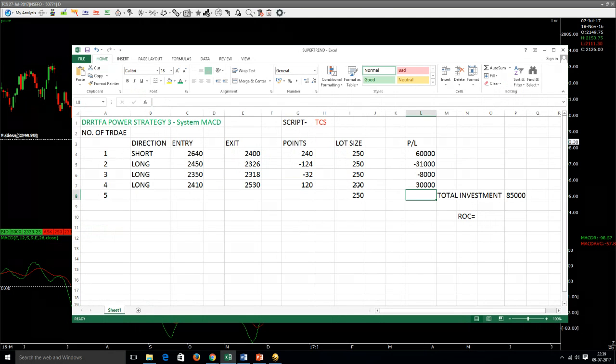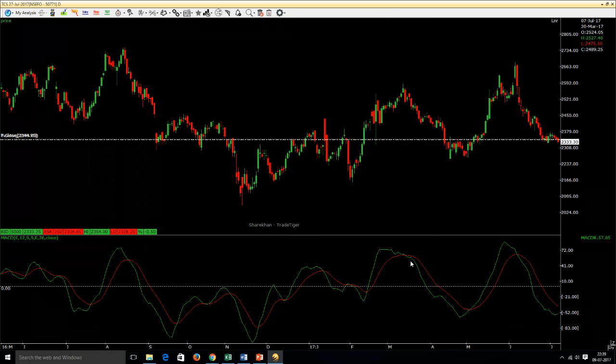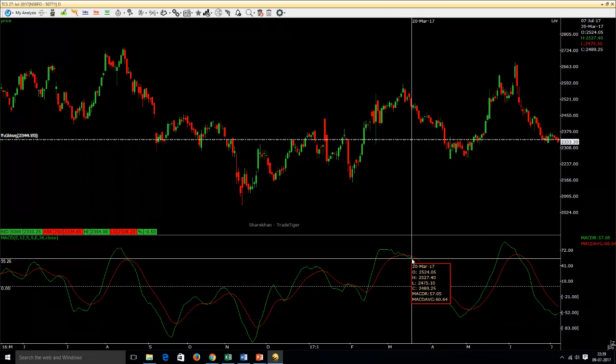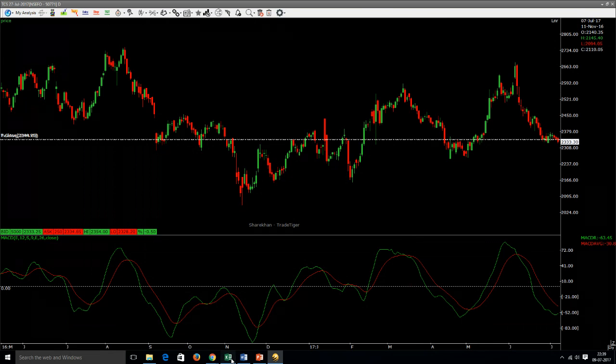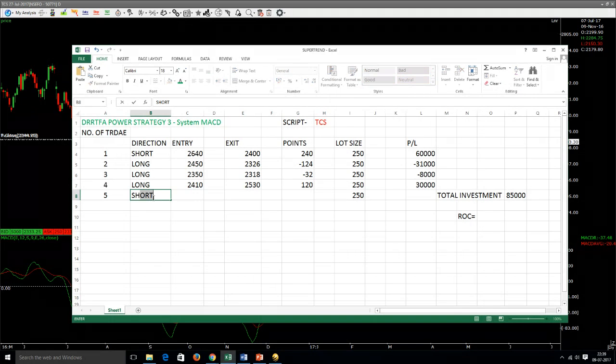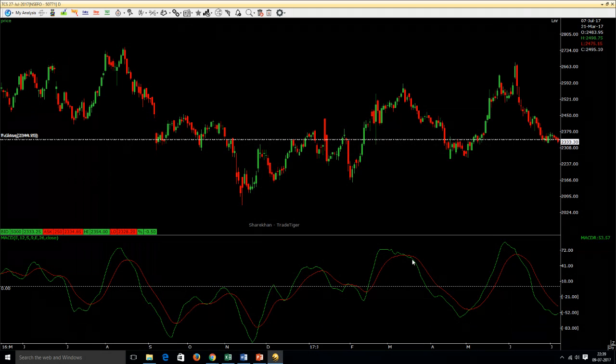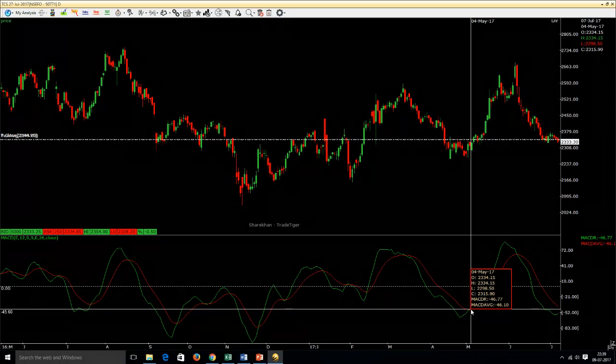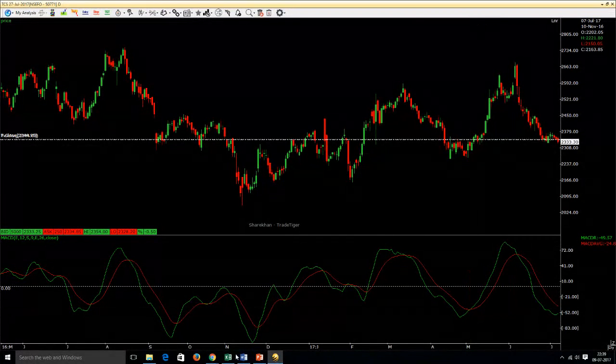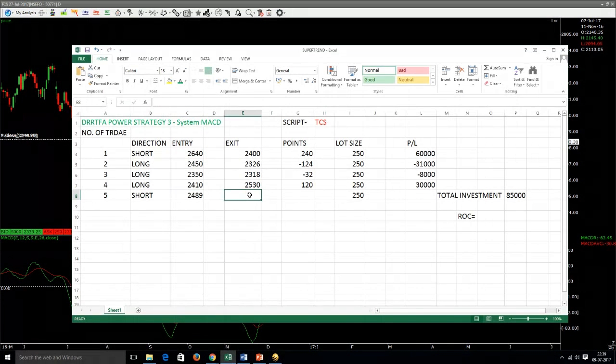And then here we again become short somewhere around 2,489. So our direction is short at 2,489, and we remain short until this crossover has happened here, which is around 2,315.